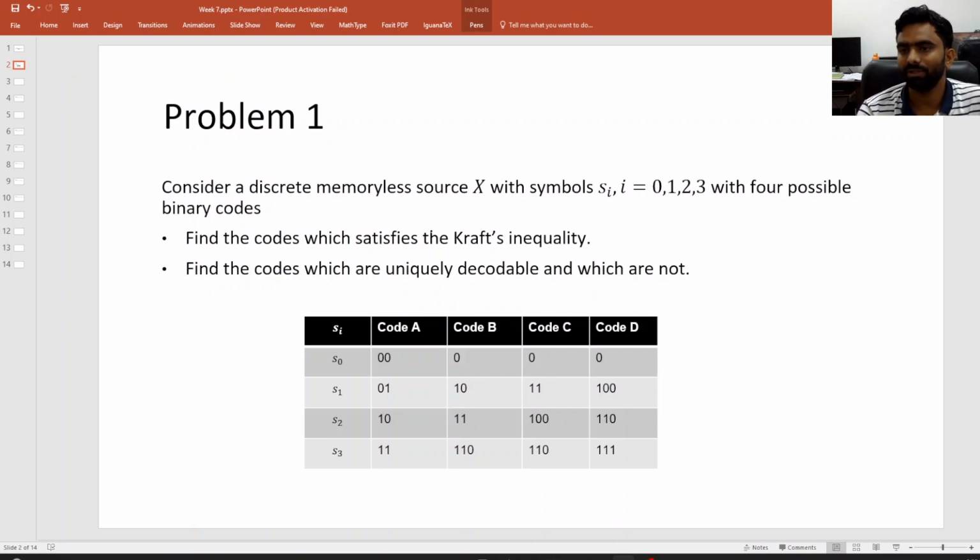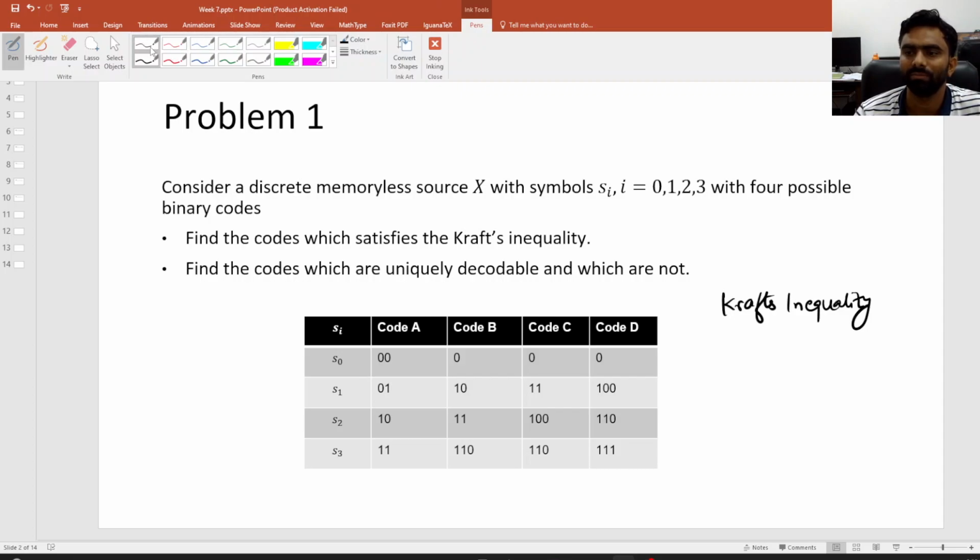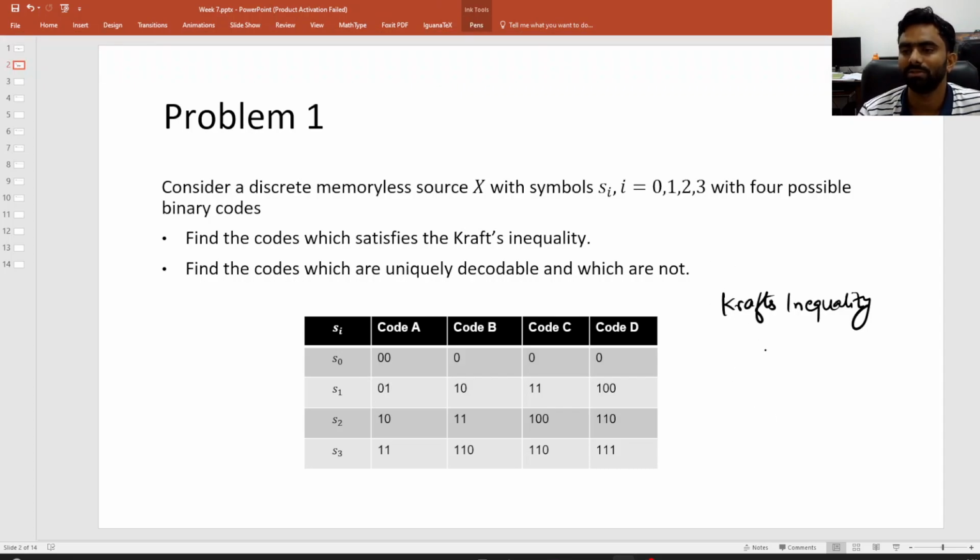So Kraft inequality says that the sum over i equal to 0 to n minus 1 of 2 raised to minus the individual code length should be less than or equal to 1.